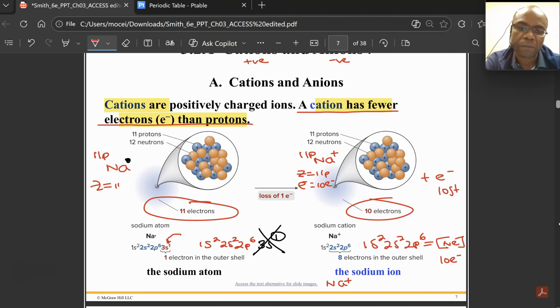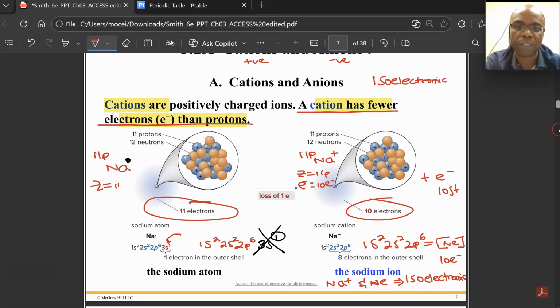And the term used when you have different species having the same electronic configuration is that we say those species are isoelectronic. So Na+ and neon are isoelectronic. They have the same number of electrons, hence they have the same electronic configuration.